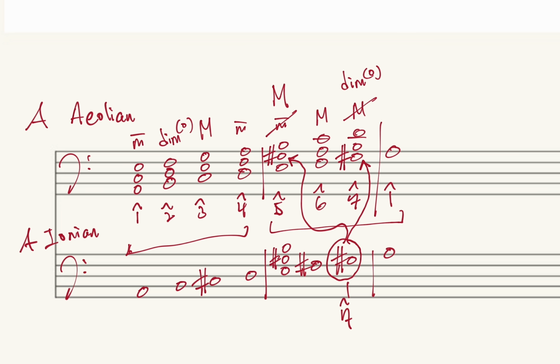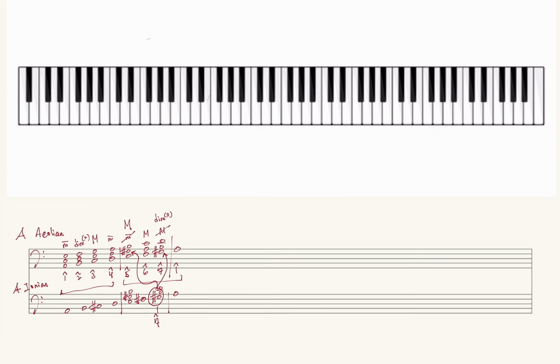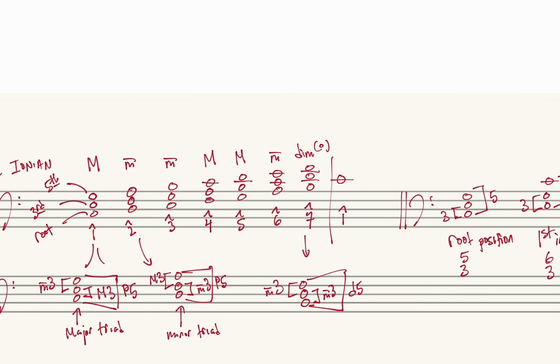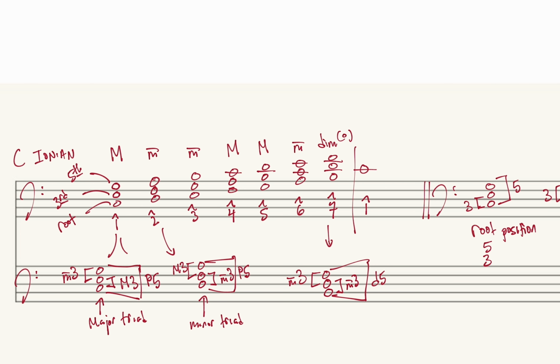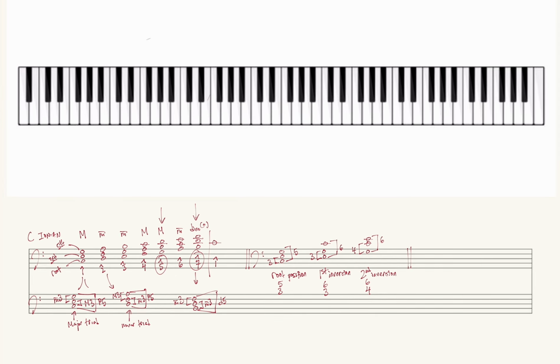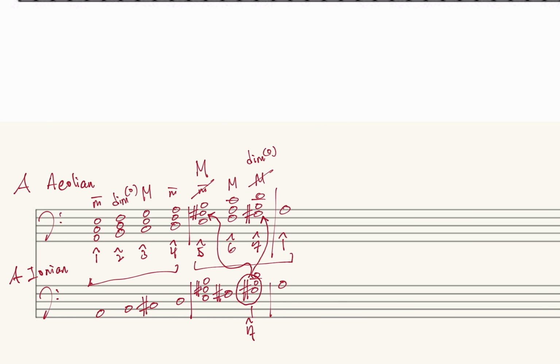And if we build one from scale degree 7, the leading tone, it's going to be G sharp, B, and D, and that's also diminished. If you go back to the previous screen when we were talking about Ionian, notice that on scale degree 5 the chord has a quality of major, and on scale degree 7 the chord has a quality of diminished.